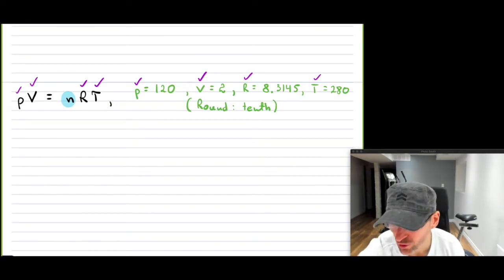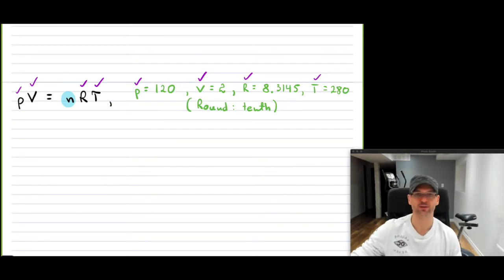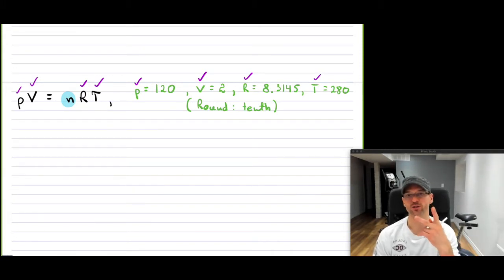You can first rearrange the formula for the variable that you want, in this case N. Or you can literally substitute all your given information, simplify the numbers, and then just solve for the unknown. Those are the two things that you can do.